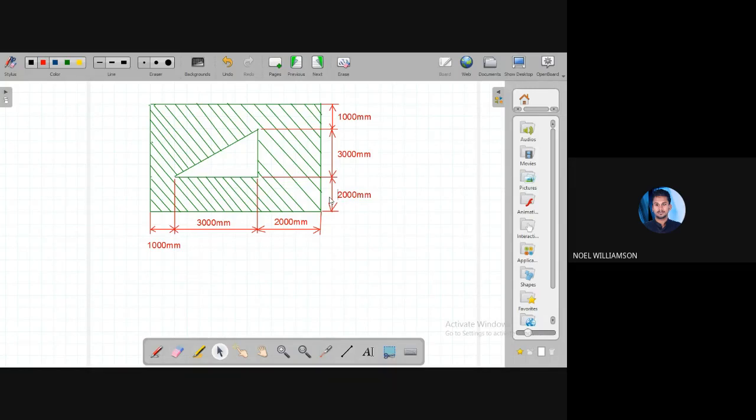Okay, draw the figure. So determine the moment of inertia of this shaded portion.